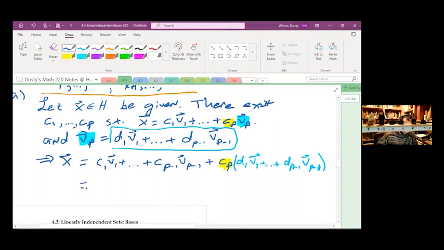You could combine like terms, and so this is saying you have C1 plus CP D1 V1 plus ..., the last term being CP minus 1 plus CP DP minus 1 VP minus 1.